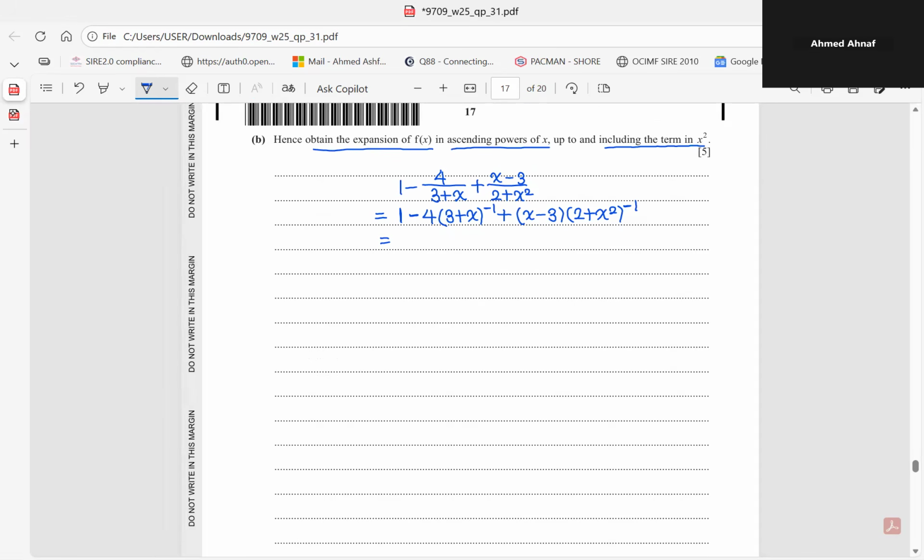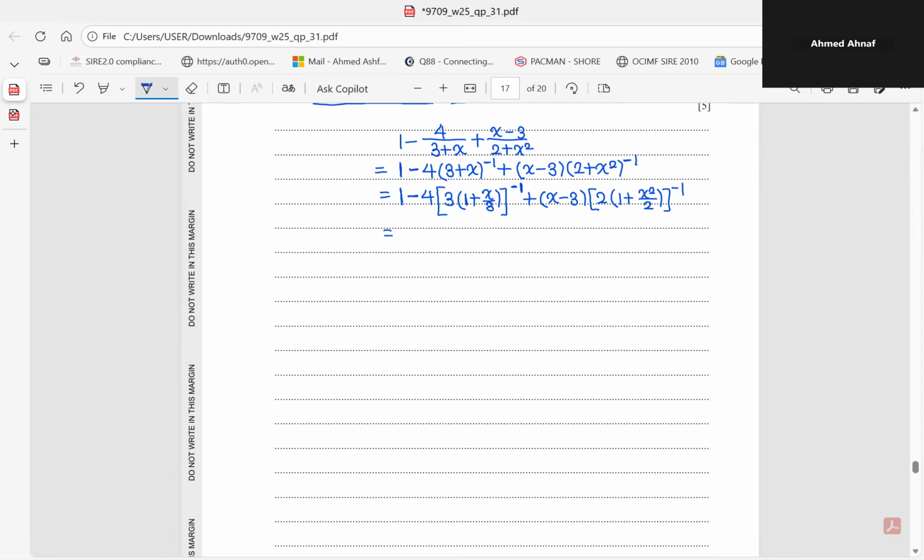So let's do that. So 1 minus 4. To make this 1, we can factor out 3, so 3 times (1 plus x over 3) to the power of -1, plus x minus 3 times, factor out 2 here, so 2 times (1 plus x squared over 2) to the power of -1.